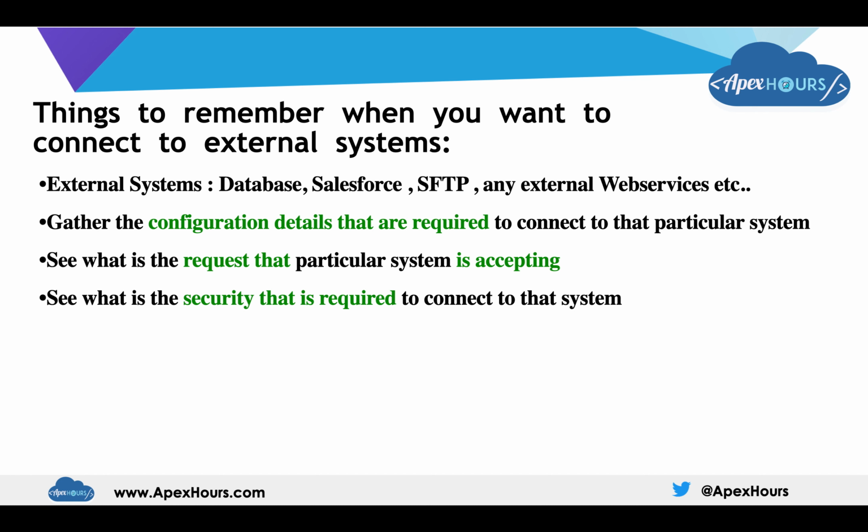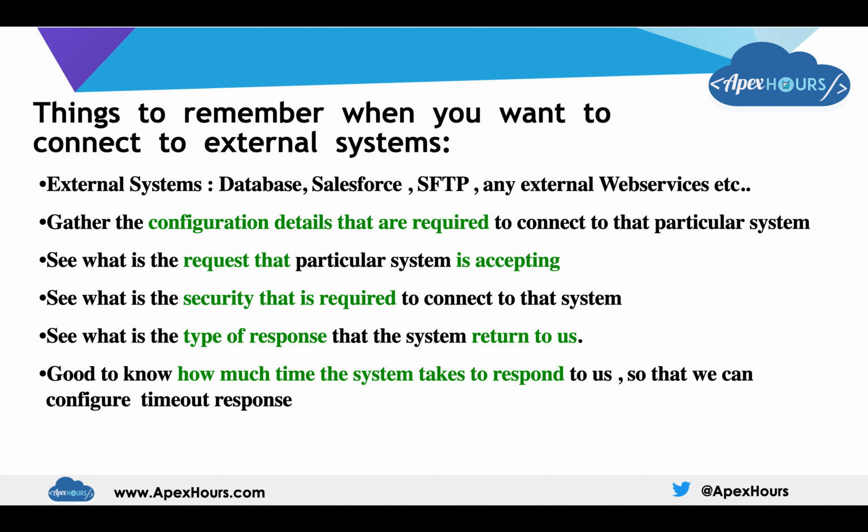Because that API is not developed just for everyone, correct? We will also see how to apply policies on our own APIs, but whenever you're connecting to external systems, this is really important: what kind of request it is accepting, what kind of security is required, and what type of response it will send. So these 3 things are really, really important whenever you start developing.